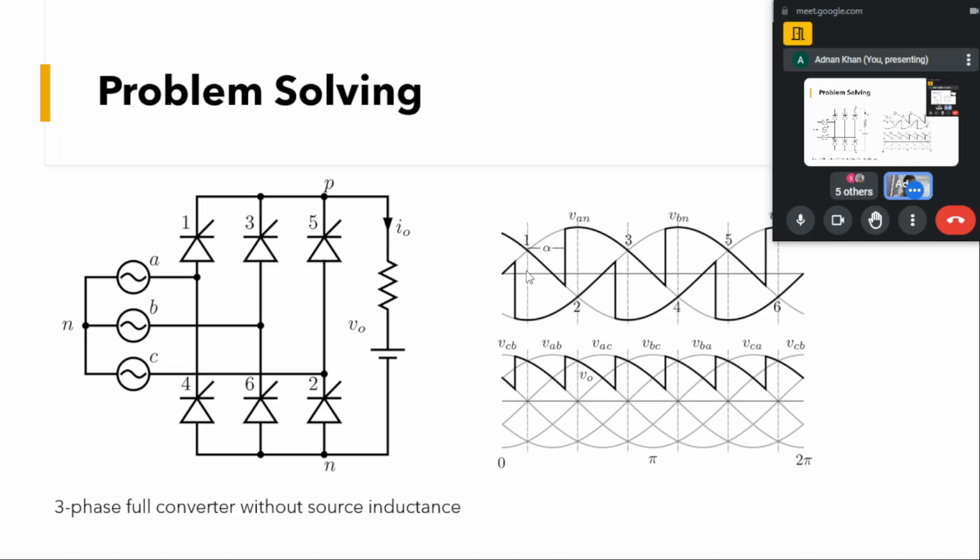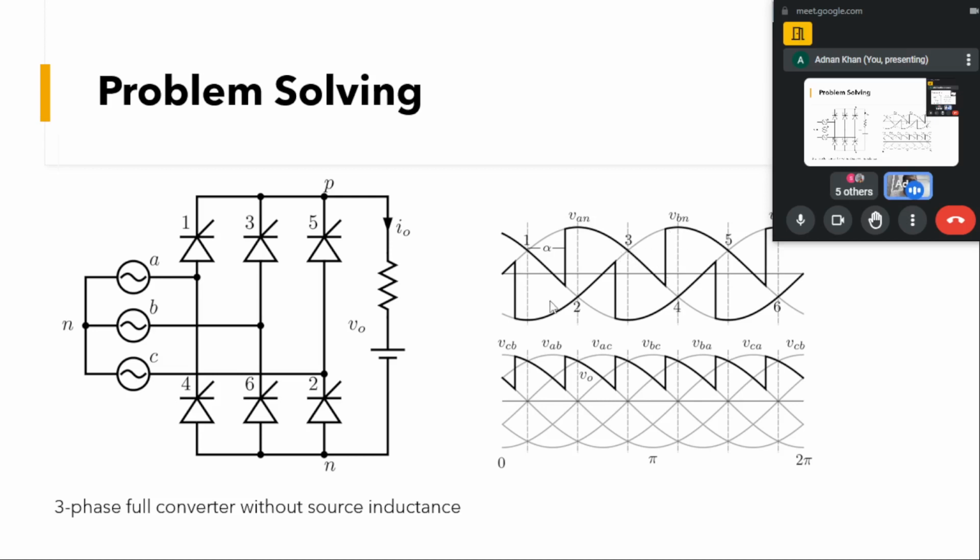After alpha it will start conducting, and the other device will start conducting at an alpha from the 3 point.